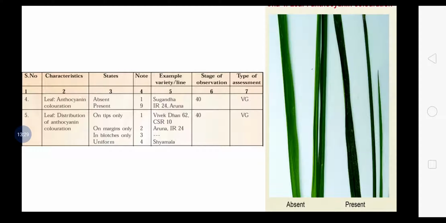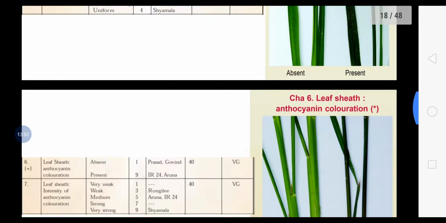This depends on different parts, like on tips only it is scored as 1, on margins only scored as 2, in blotches only scored as 3 and uniform is scored as 4. On tips only examples are Vivek Dhan 62 and CSR 10. On margins only Aruna and IR 24, uniform are Sahyadri.